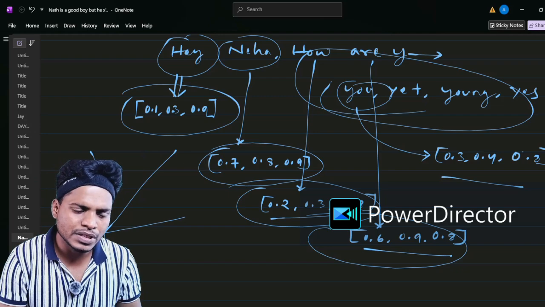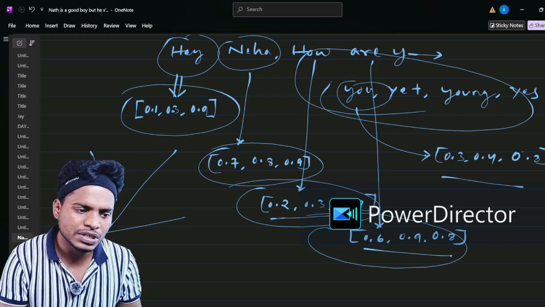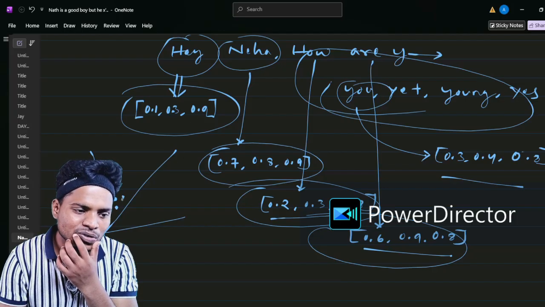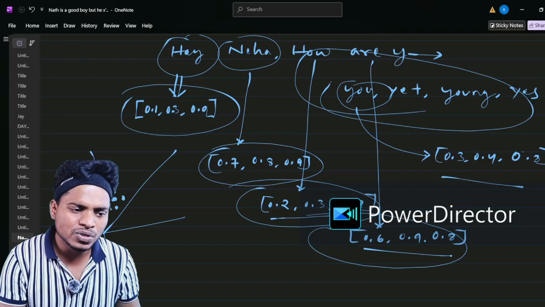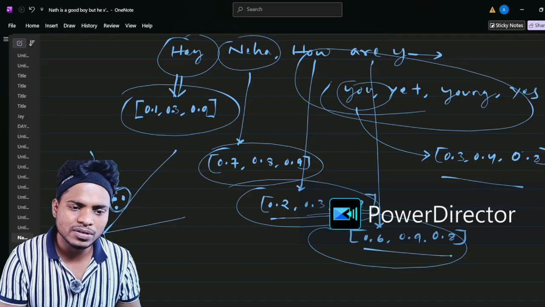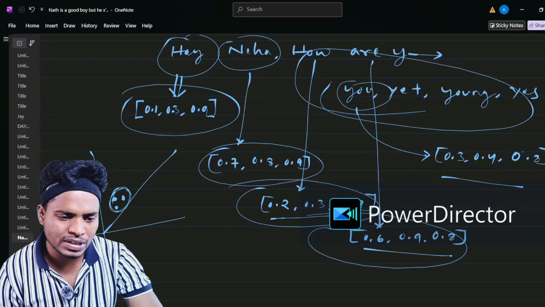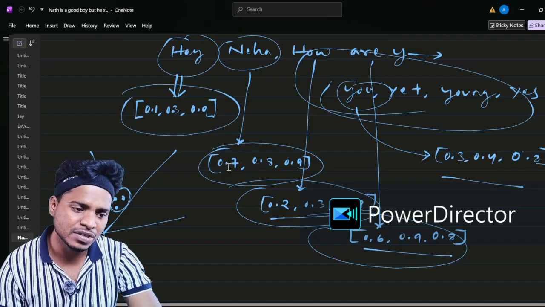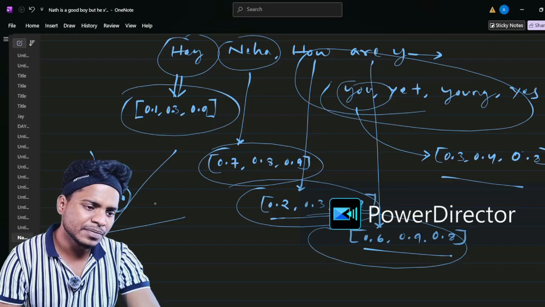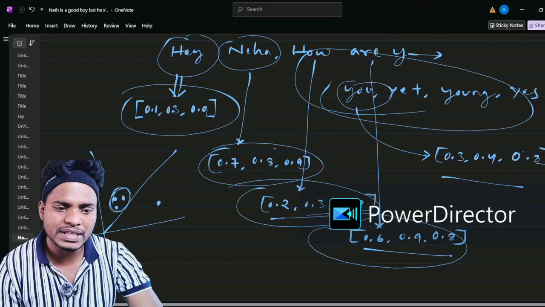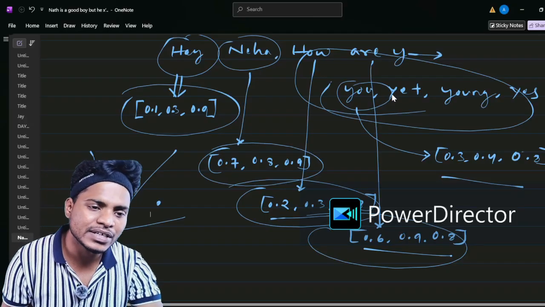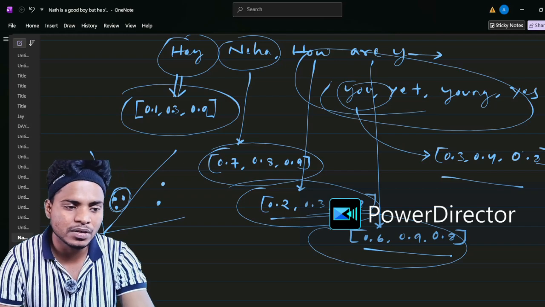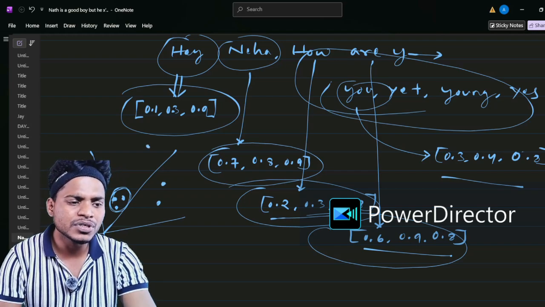Suppose how is located here, and R is located here, and U is also located here. So they are close to each other. They are a cluster. Yes or no? And if I present the other word Neha, which has a higher vector number, it will be somewhere here. And suppose I say yet, which is nowhere related to U, it has a very far vector number, so it will be somewhere here.